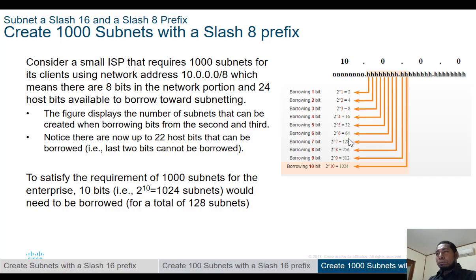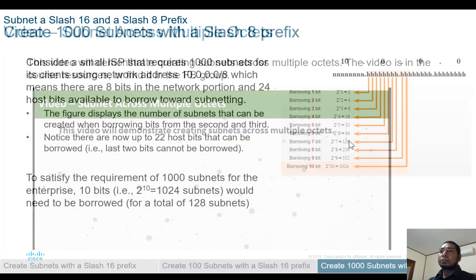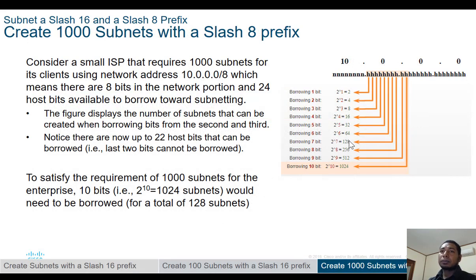Okay, so in this lesson, what we covered was basically, we talked about subnetting using /16 prefix, /24 prefix, /8 prefix, and when we are subnetting based on prefix boundaries or subnet boundaries, we look at the default classes.